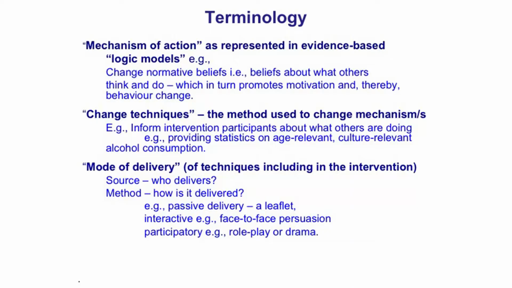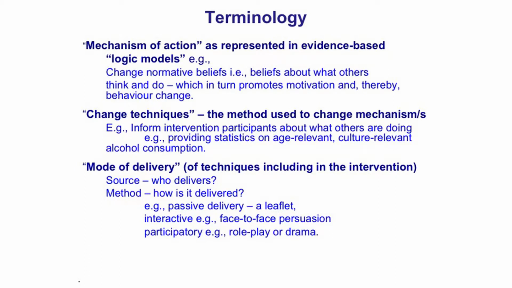When I talk about intervention mapping, there's some terms that I'm going to use that I just want to explain very briefly. One is mechanisms of action or theories of change, and this is how an intervention works. How do you change the behaviour? What's the process by which a behaviour pattern changes from one to a new pattern?